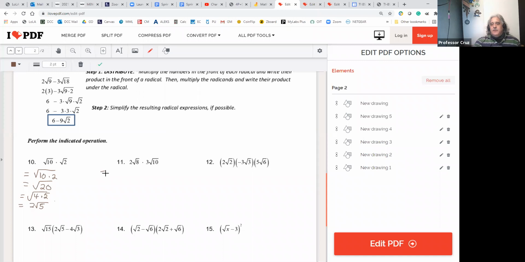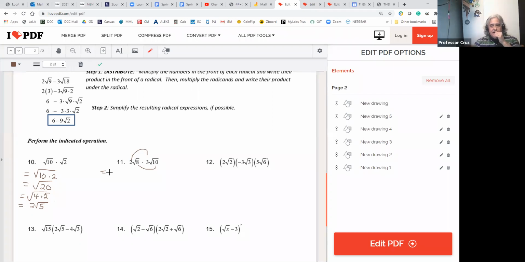So on this one, we're going to do those and these. There are two multiplications. The numbers are going to multiply times one another, and again, this is just like variables. If you've got 2x and 3y, you can multiply the numbers, and then the x's and the y's stick together, but they don't change.